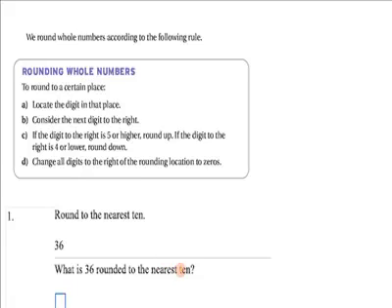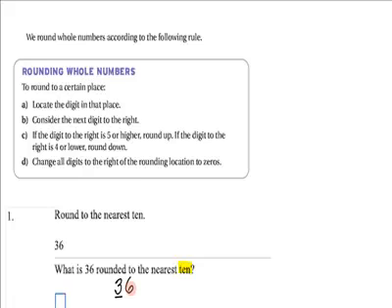The first one says, what is 36 rounded to the nearest 10? Be sure you acknowledge what place you're supposed to round to. For the number 36, I recommend that you underline the 3 because it's in the tens place. But it's the digit to the right of it that makes your decision. This is a 6, which is 5 or bigger.